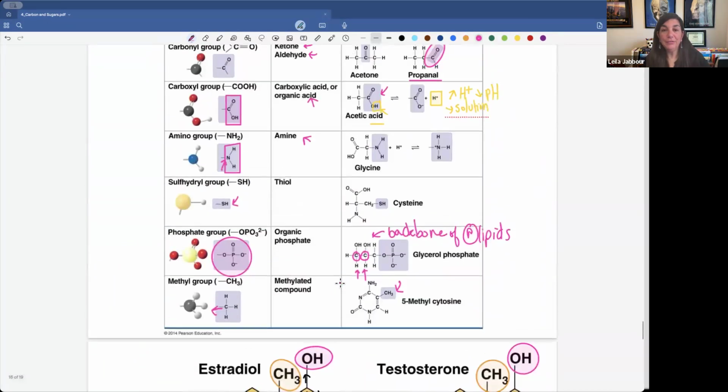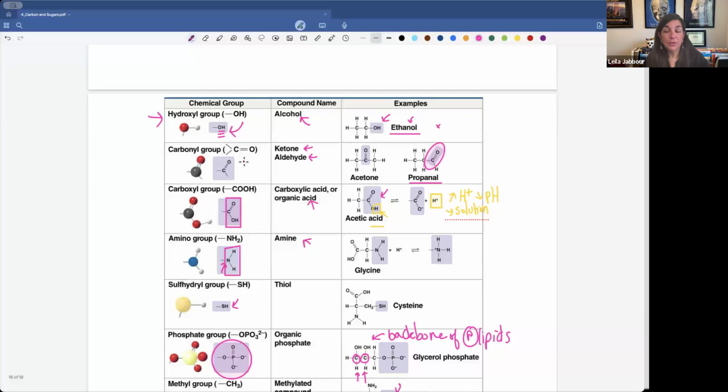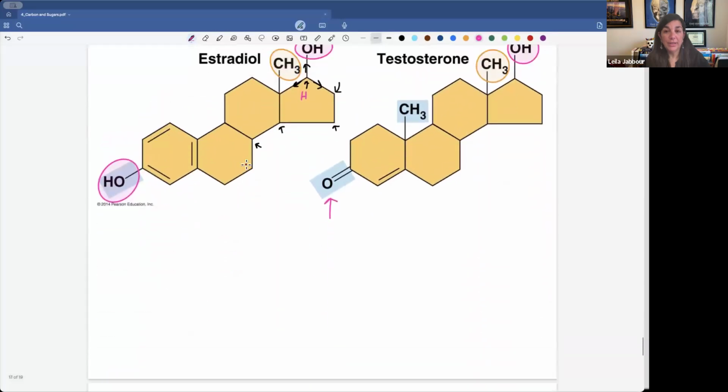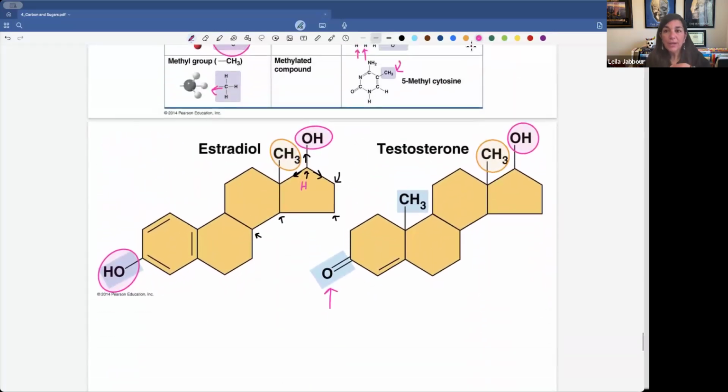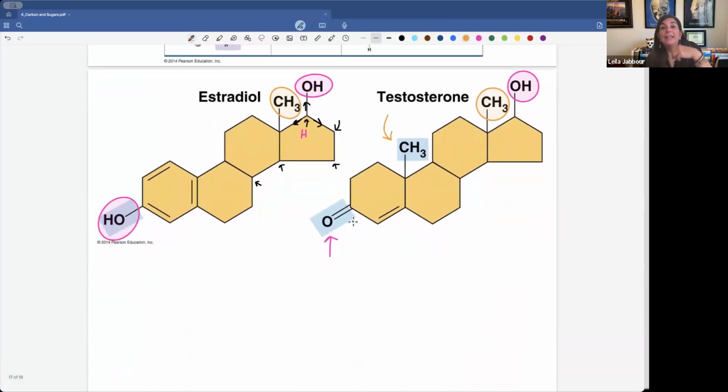So now what we have is a carbonyl group right here, and we have a second methyl group on this carbon over here. We had one methyl group on this carbon over here, and now we have a second methyl group on this carbon over here. So this is an additional functional group, and this is a different functional group on this carbon over here.